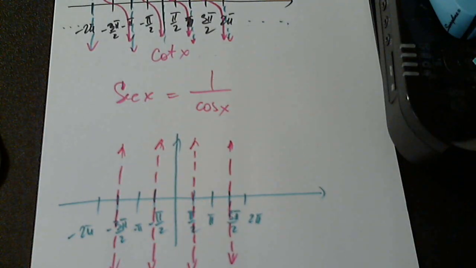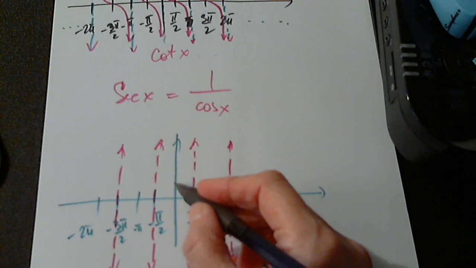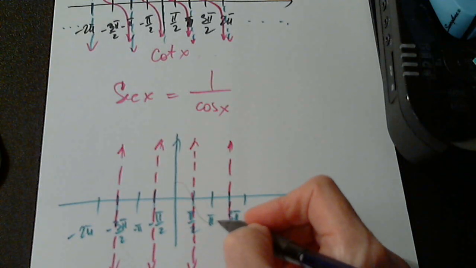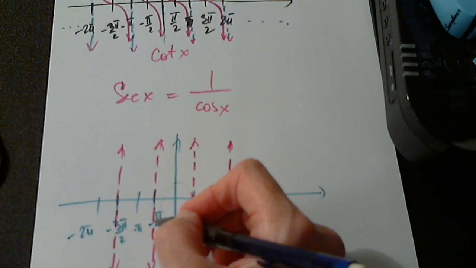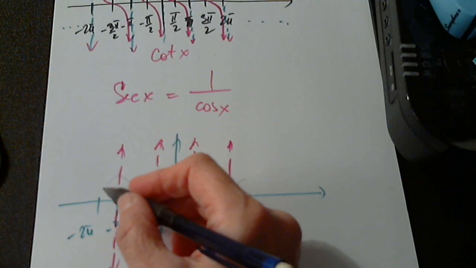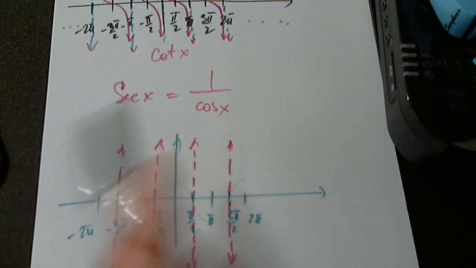Now, in pencil, I'm going to graph cosine. And you'll understand in a minute why I'm graphing it in pencil. So now I'm ready to graph secant.